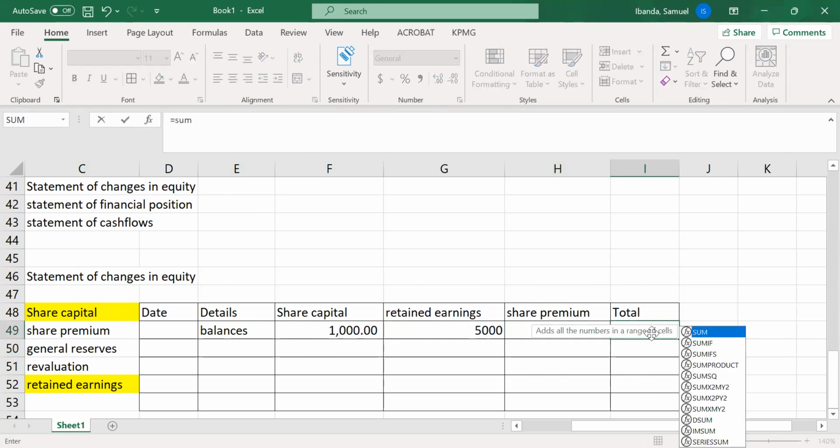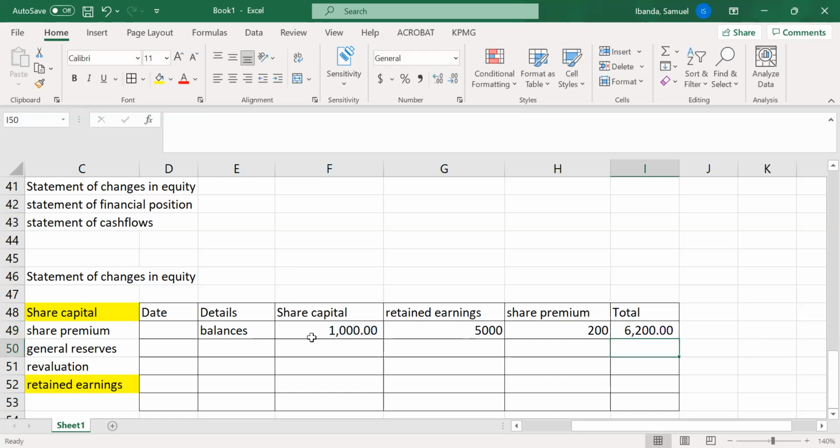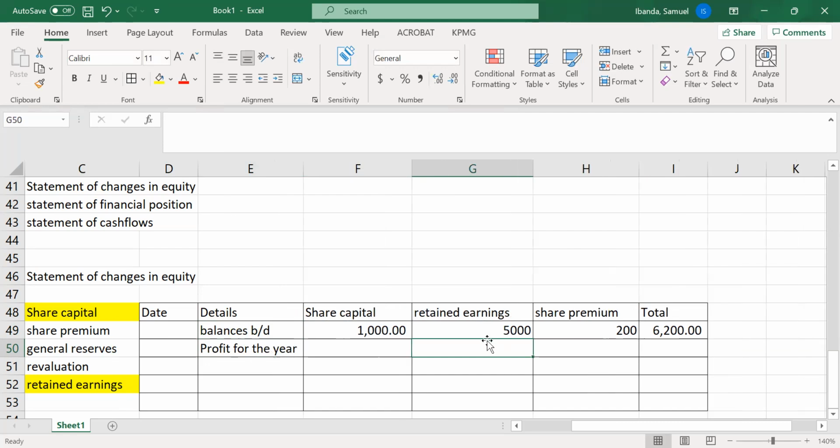So each column is added as it is. Then after the balance brought down, basically the balances you've started with, we look at how the year has happened. So we look at the profit for the year. Profit or loss for the year will be brought in. If we've gotten a profit, you just come to the column of retained earnings and add the profit for the year.